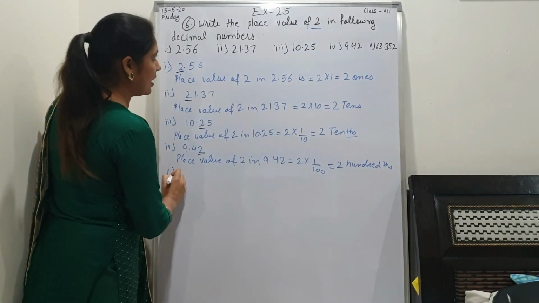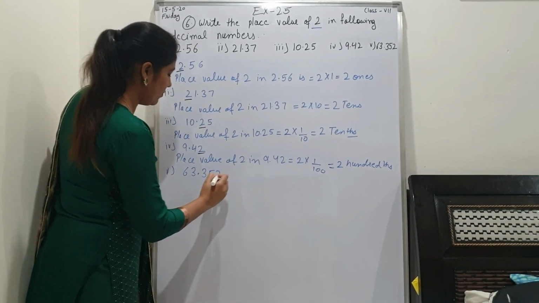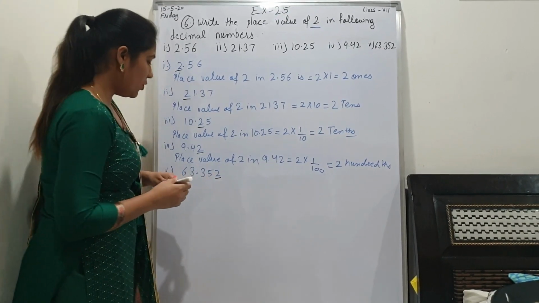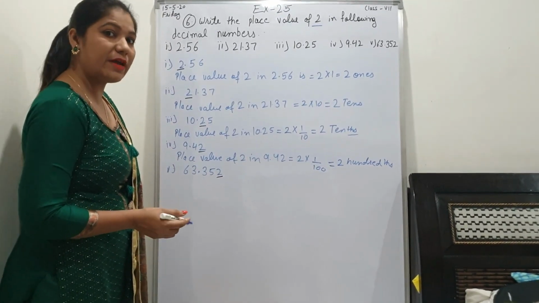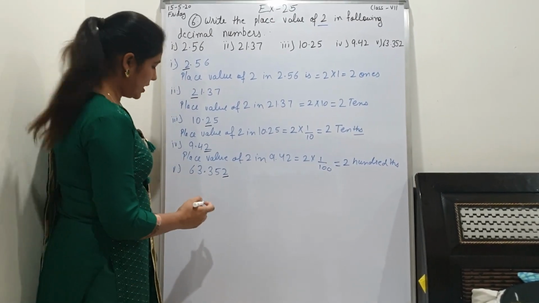Now fifth part, 63.352. Again we have to tell the place value of 2. If you know the place value chart that we have done in our previous lecture, it is easy to tell.